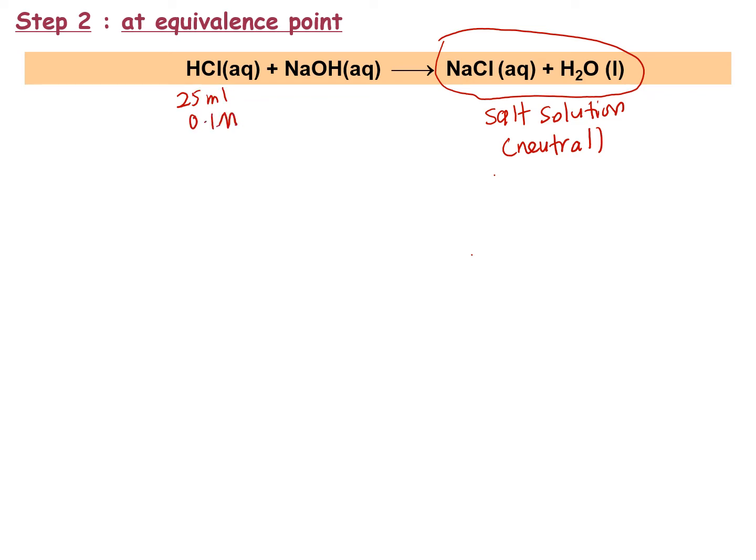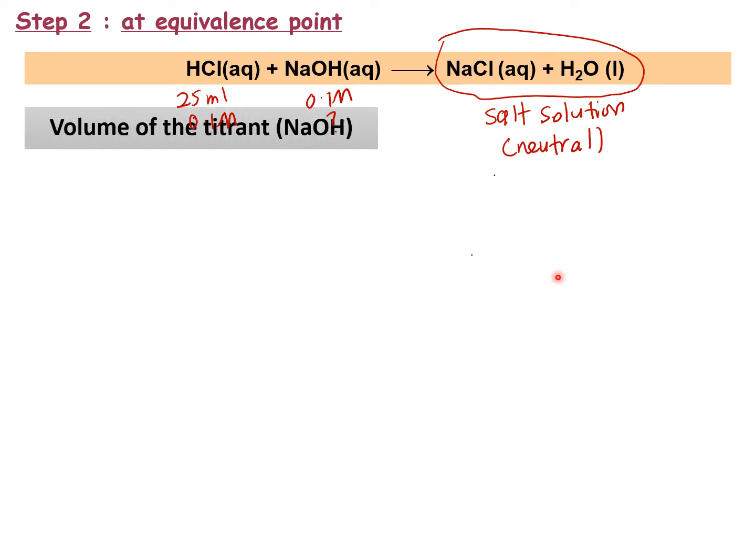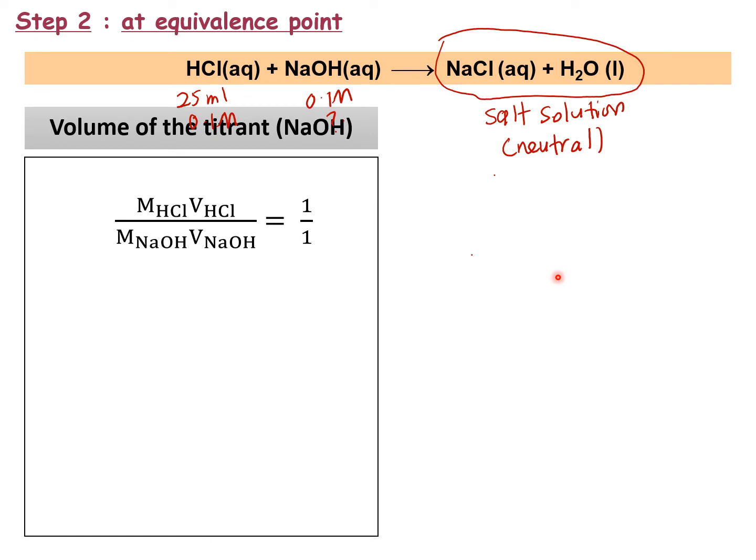For sodium hydroxide, 0.1 molar concentration. So we need to find its volume. What do we use? We are going to use the neutralization reaction to find the volume of the titrant. So put it into the equation.